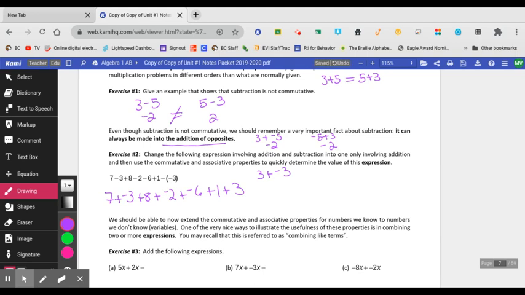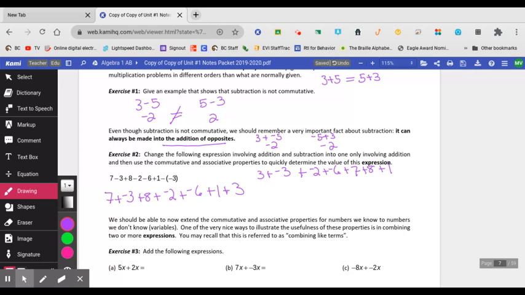And then do I have anything else here that maybe makes anything easier? Upon quick look, I don't really see anything. So I'm just going to put the negatives together and then put the positives together. So to continue with my negatives, I have negative 2 plus negative 6 plus 7 plus 8 plus 1.